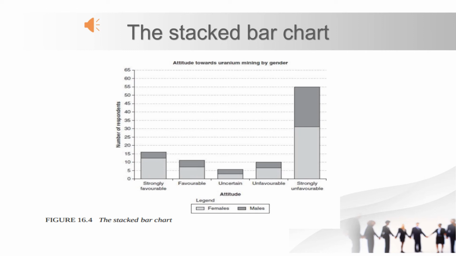I think this is the age bracket. And by gender, so you will identify who are those male and female. If you can see on the legend, the lighter part is the female and the dark shade is the male. So that is an example of a stacked bar chart.